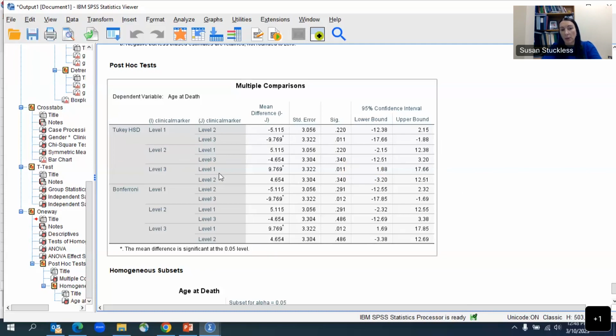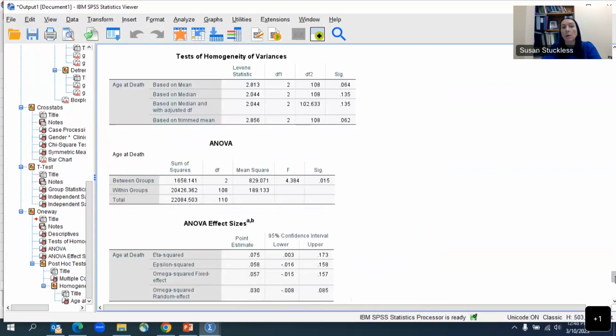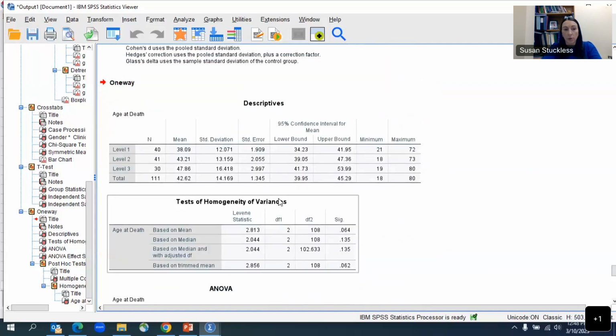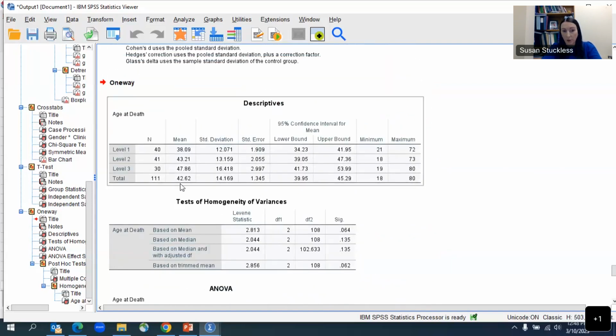So the only grouping where there is a significant difference, even though the overall model is significant, is basically between level 1 and level 3. Once it's time to report your results, you could report the means for each of the categories.